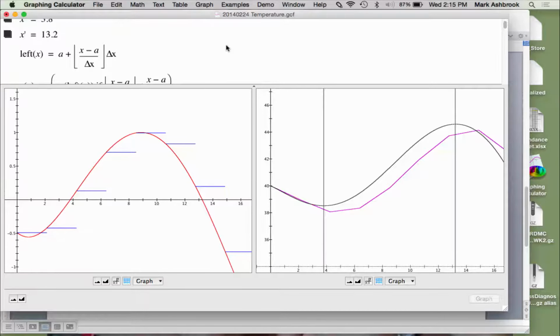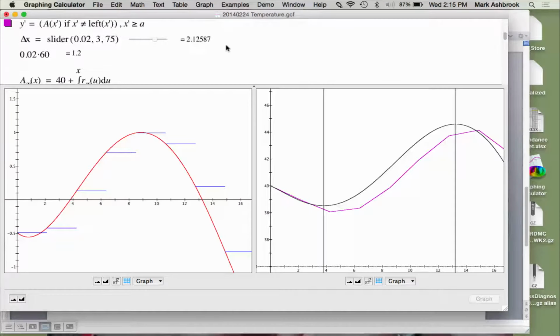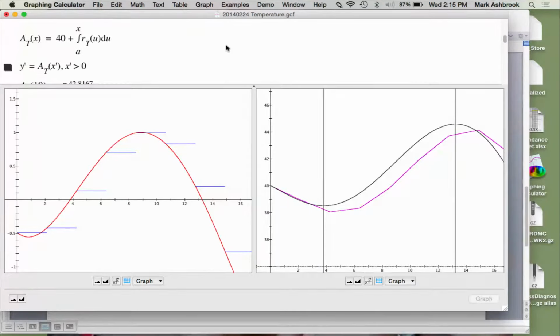Okay, so we got a couple more questions here. Express the temperature in the fridge at 3:10 p.m. How can we express that? A of 10? R of 10 plus 40?